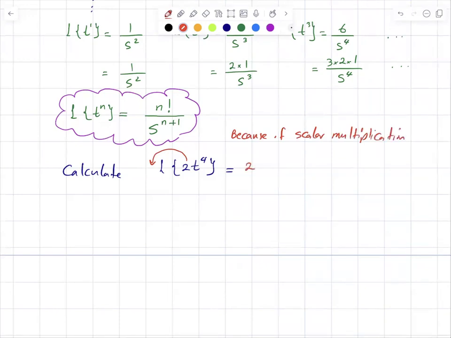You have 2 times the Laplace of t to the 4th. For t to the 4th, you're going to use the formula, so you get 2 multiplied by 4 factorial divided by s to the power 5, which can be written as 2 times 4 times 3 times 2, which is 48, divided by s to the 5th.